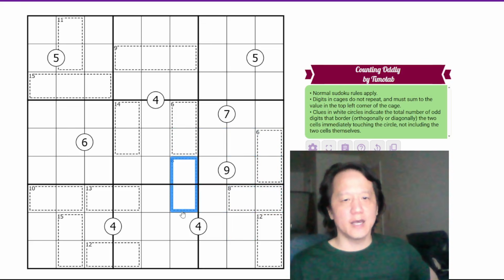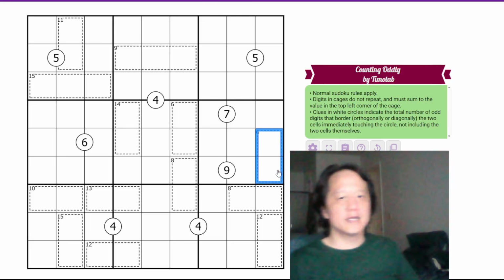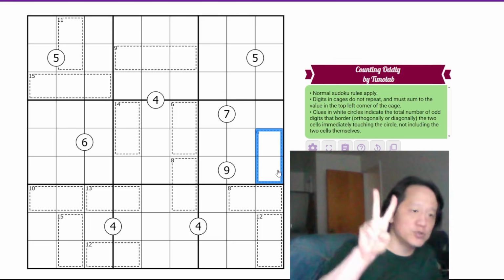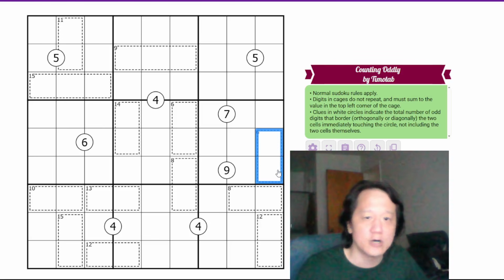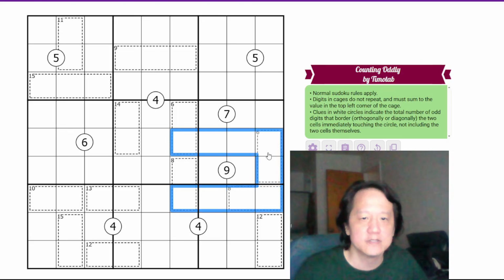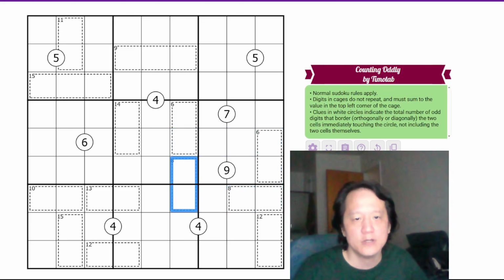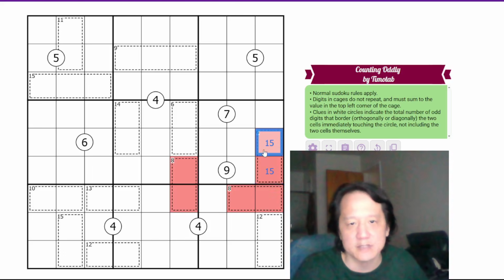Well, these add up to even sums, and to add up to an even sum, it has to be 2 even cells or 2 odd cells. Well, since we can't have 2 odd cells surrounding this white circle, these all must be odd digits. And this has to be a 1-5 pair here, because that's the only sum that adds up to an odd sum there.